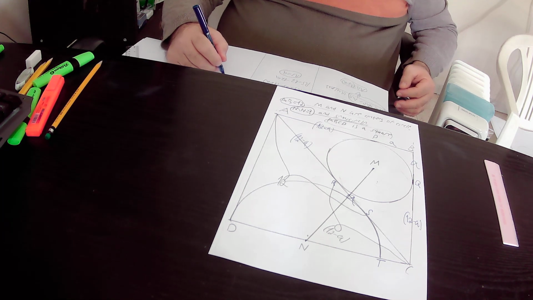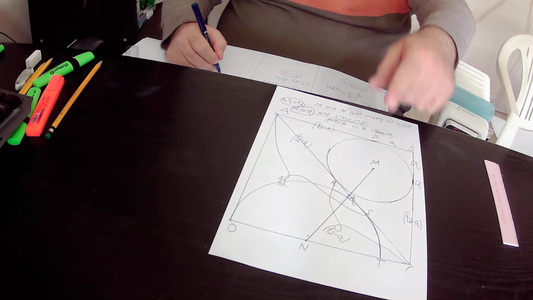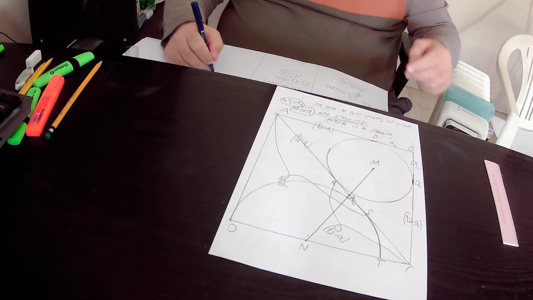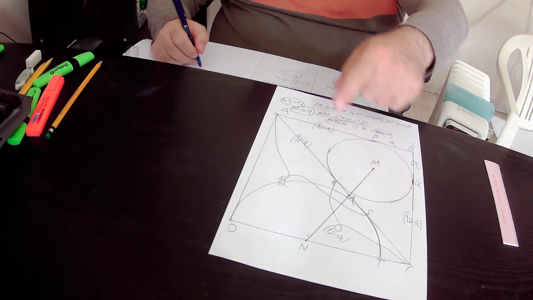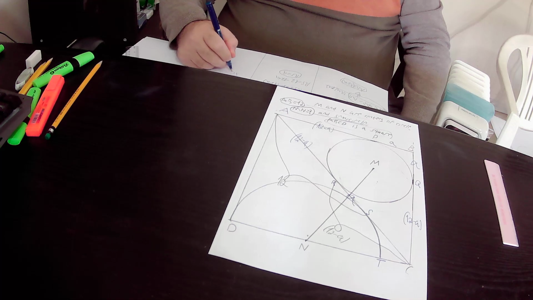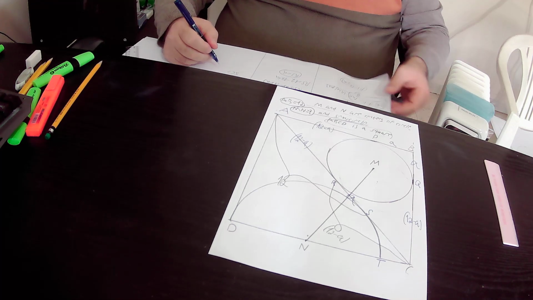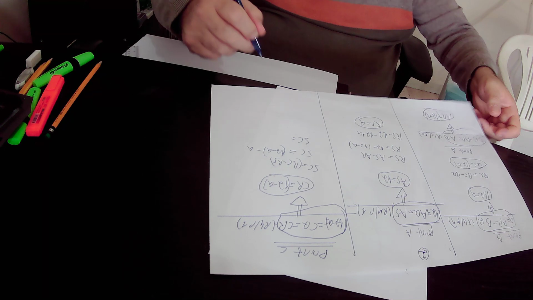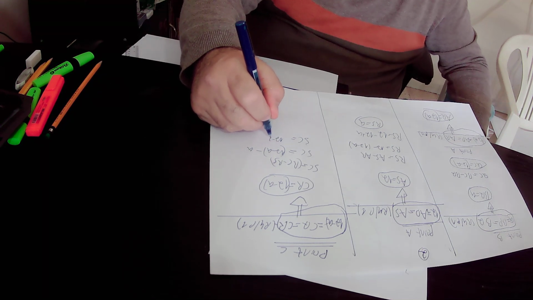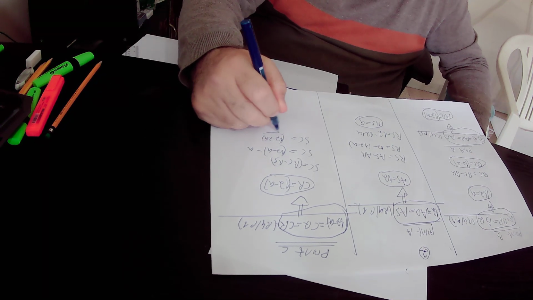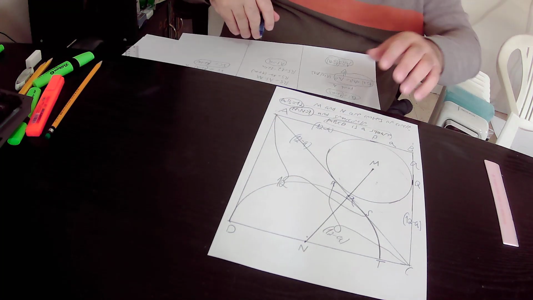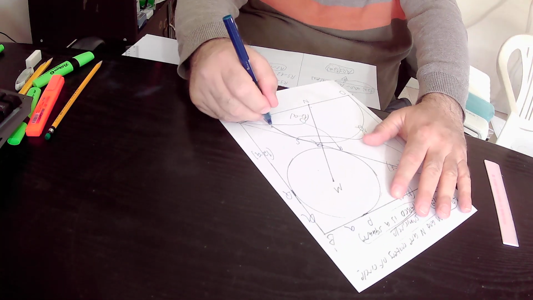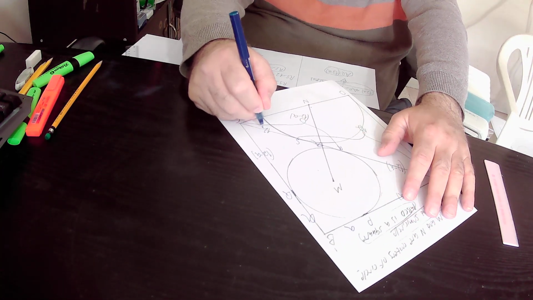So line segment SC will be equal to RC, that is 12 minus A, minus RS, that is A. So in conclusion, we found out that SC equals 12 minus A minus A, that is equal to 12 minus 2A. So right here, SC equals 12 minus 2A.